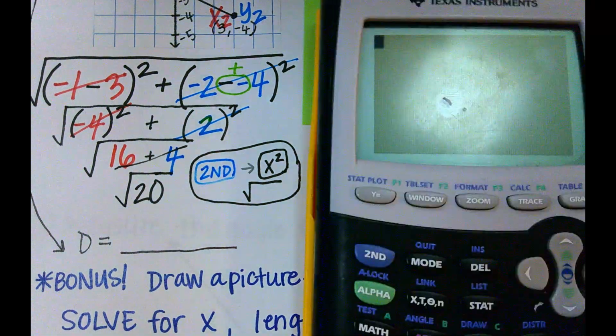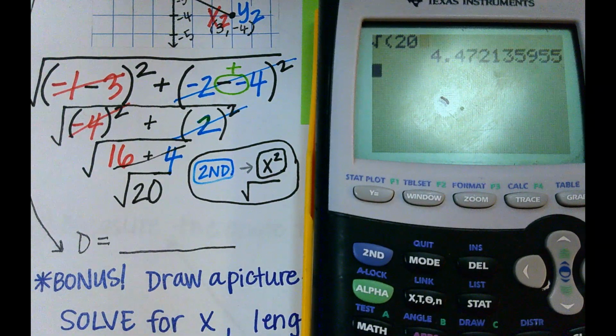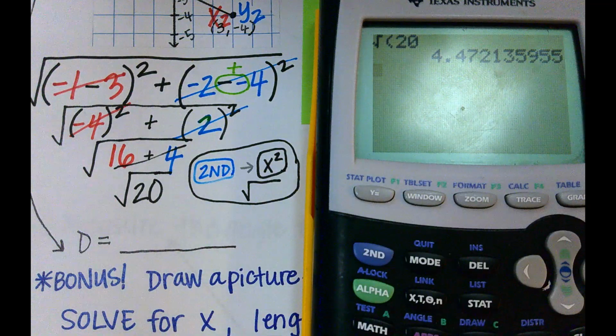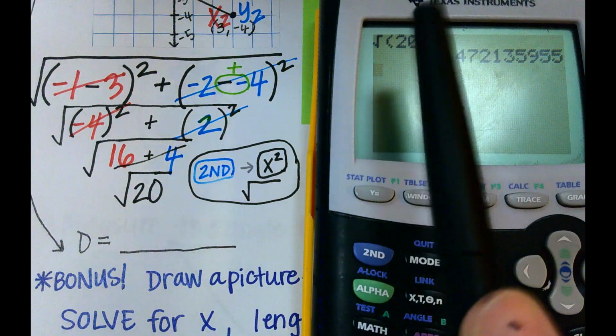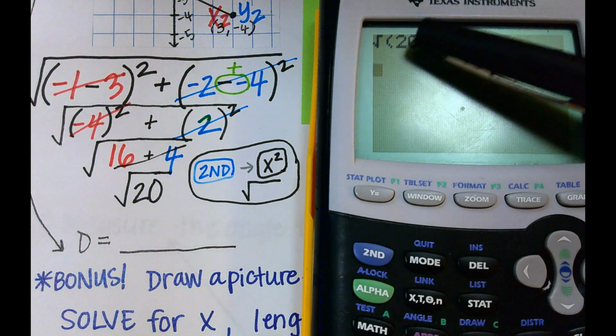And would it be 4.472? Yes, perfect. Square root of 20 is 4.472. I feel like the square root of that's 4.4. 10 times 10 is 100. So think about what the square root means.